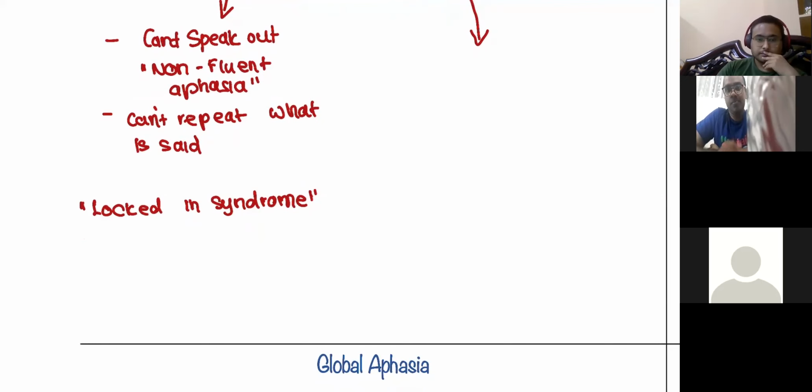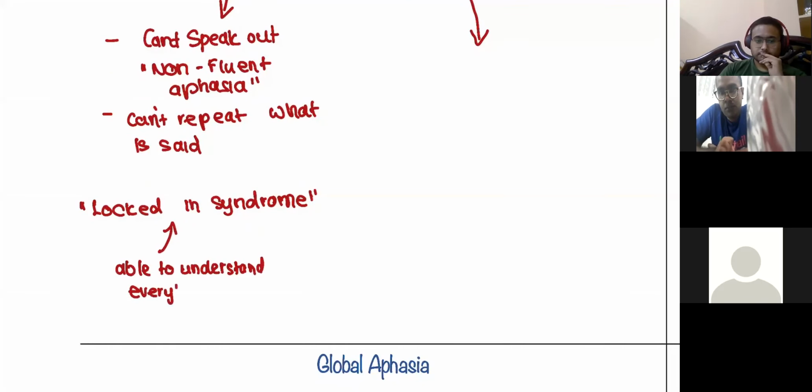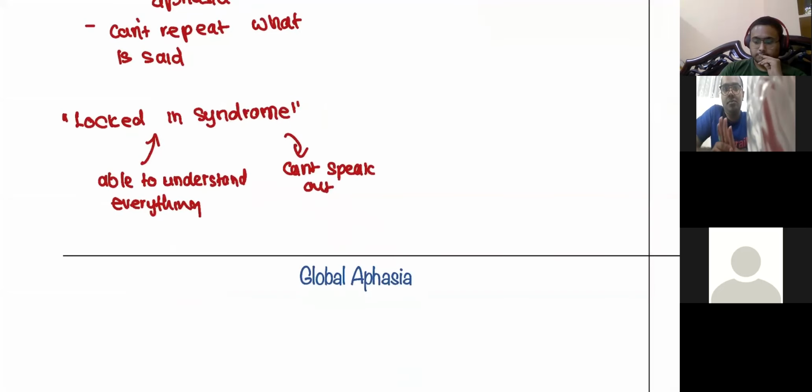What is common here is that he's able to understand everything, but can't speak out. He's able to understand everything that is told, but he can't speak out. So he's called a mute. The word for it is mute.